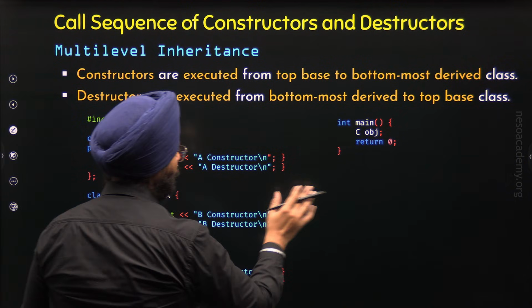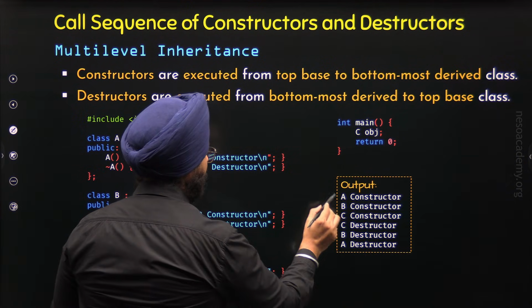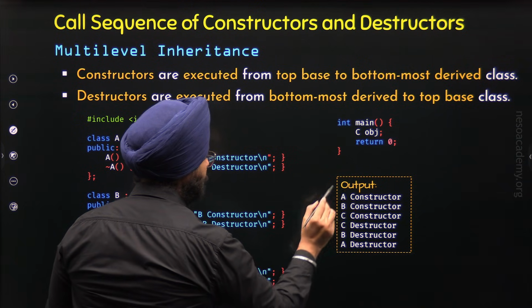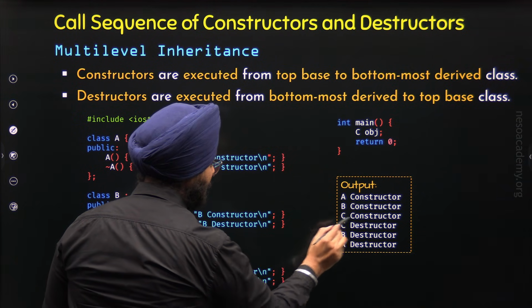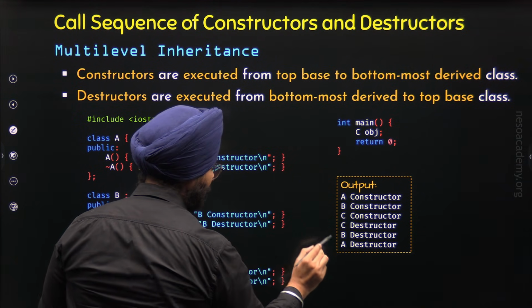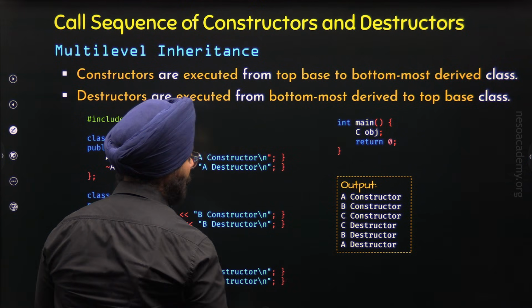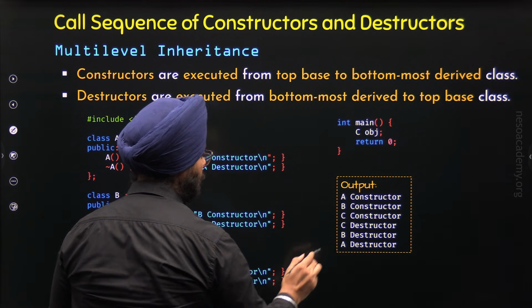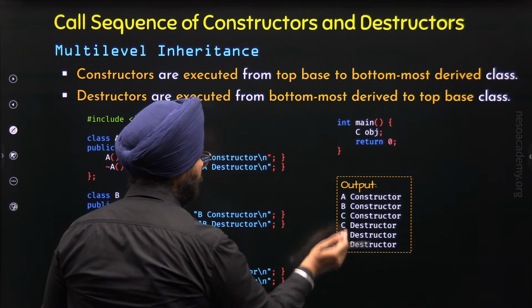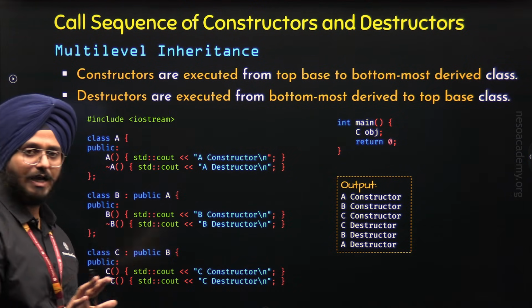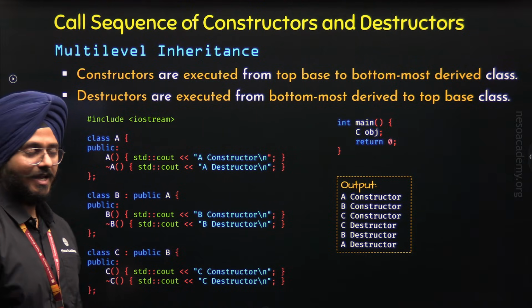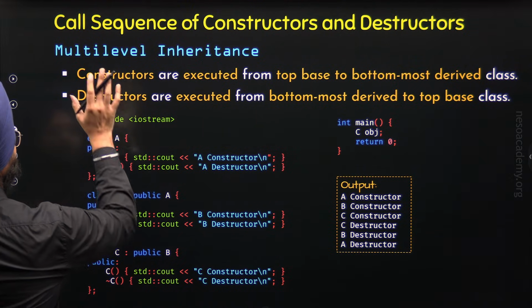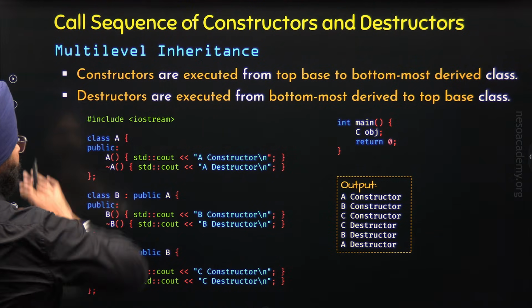And this is the output we will get. We will get A constructor, B constructor, C constructor, then C destructor, B destructor, and finally A destructor. Destructors are always executed in the reverse order of constructors. I hope this is clear to you. Now we have understood what happens in case of multi-level inheritance.